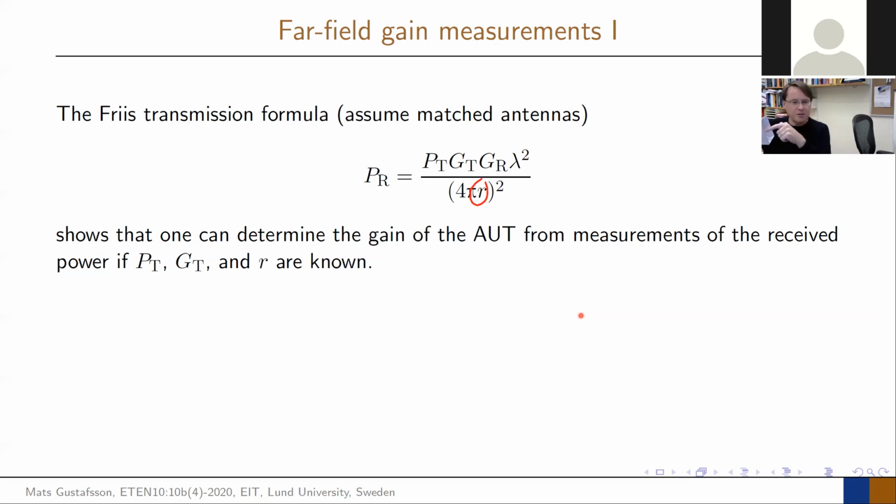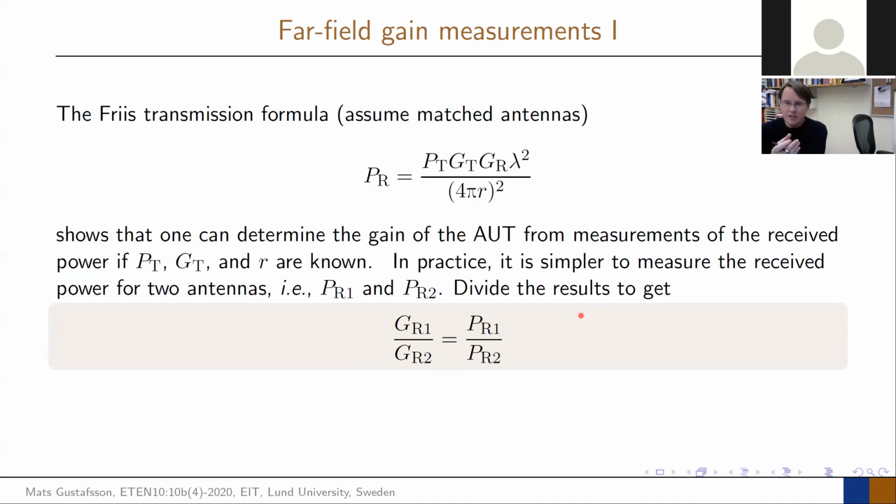So it's actually not trivial to even know what the distance is between these antennas. That means that we don't measure using the Friis transmission formula. It is not accurate enough to determine the gain of your antenna.